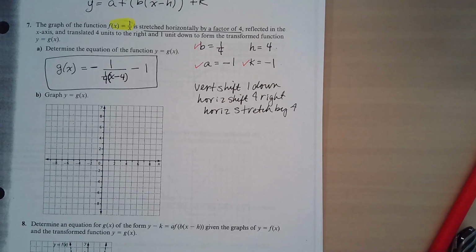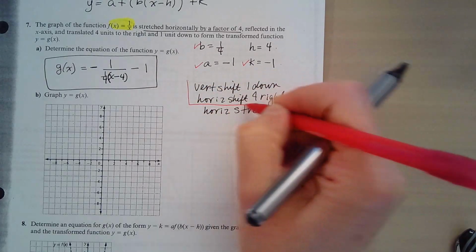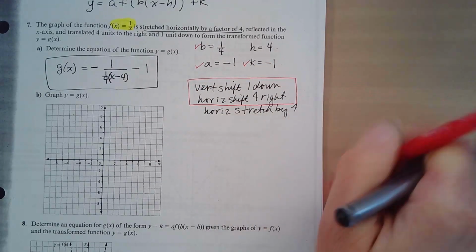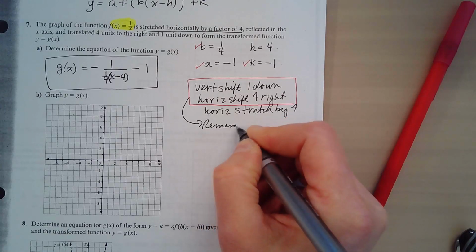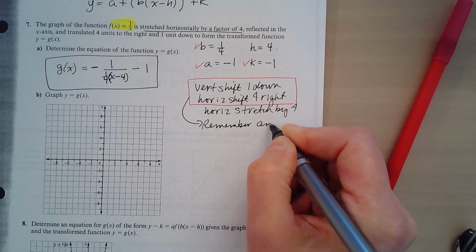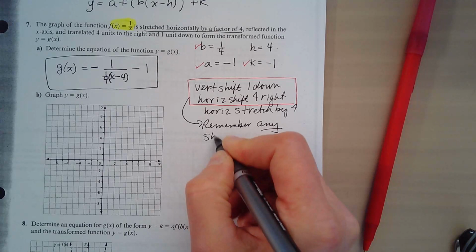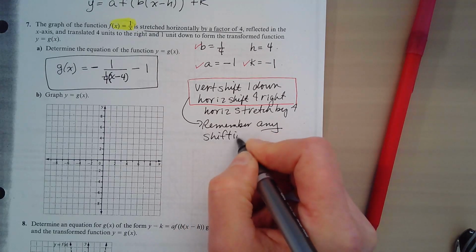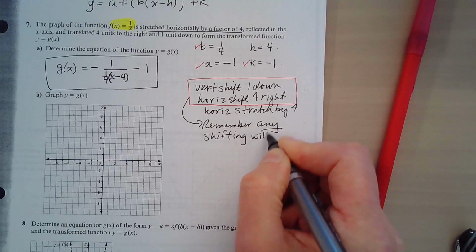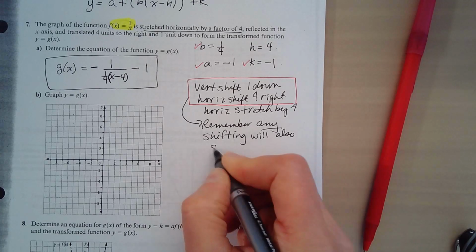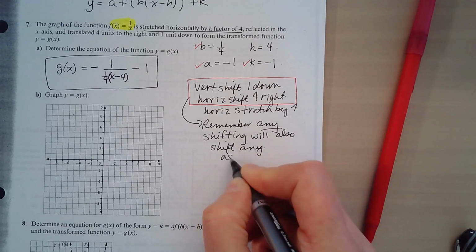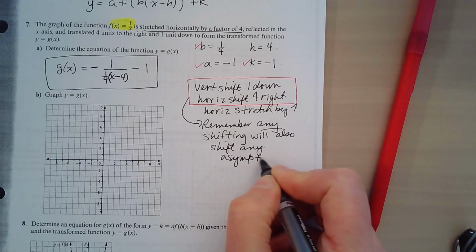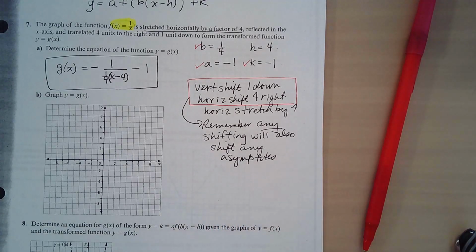So the important ones are these guys. Anytime there's shifting, remember, any shifting will also shift any asymptotes. So I have 2 asymptotes.